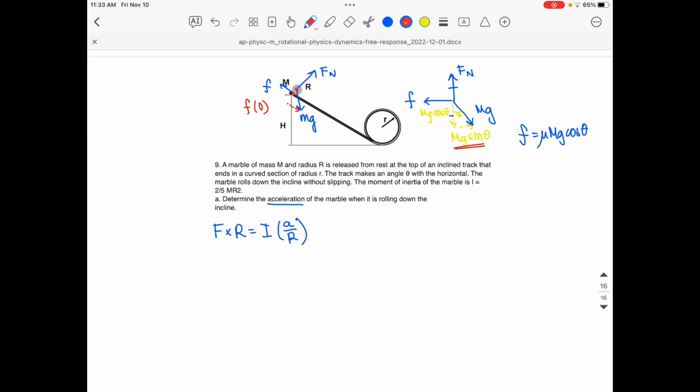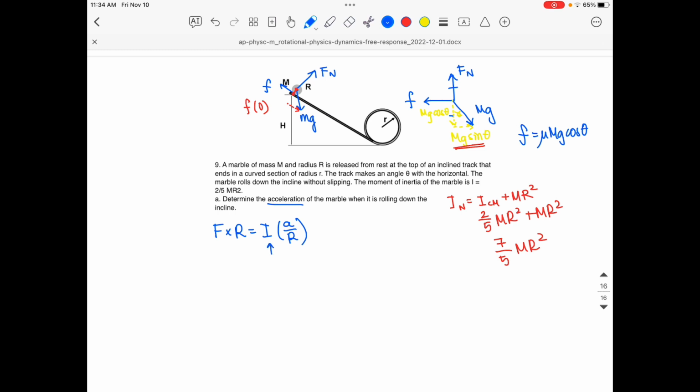So I'm going to create an equation for my new inertia, which is my inertia equation from the center of mass plus my mass times distance, and that distance between these two is going to be r squared. So now I have 2/5 mr squared plus mr squared is equal to 7/5 mr squared. And that's going to be the inertia I plug in here.